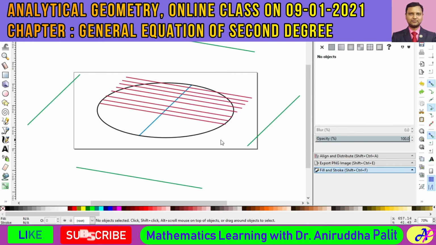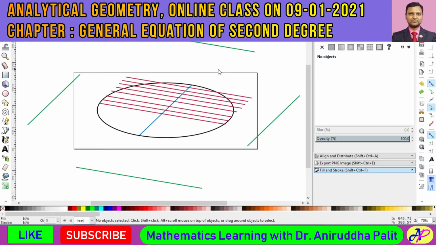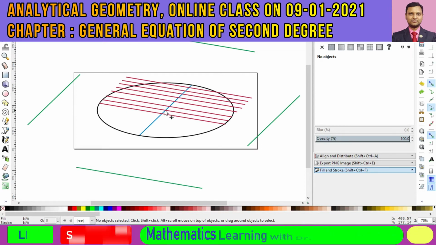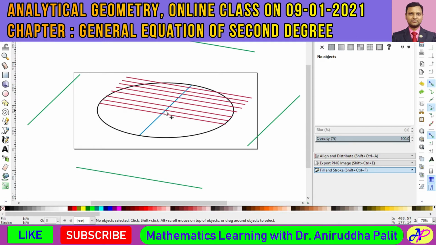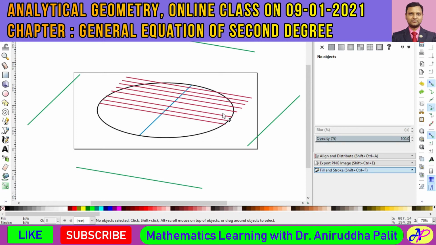This locus of the middle points is called the diameter. In case of a central conic like an ellipse or hyperbola, these diameters always pass through the center of the conic.